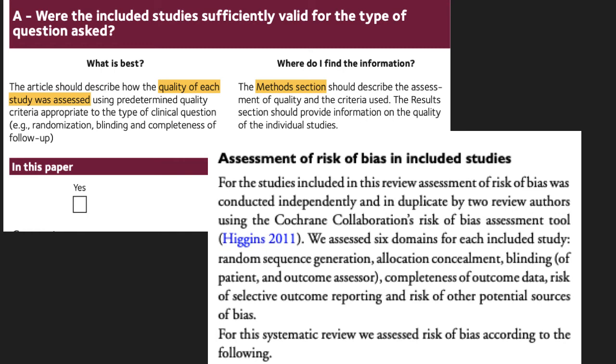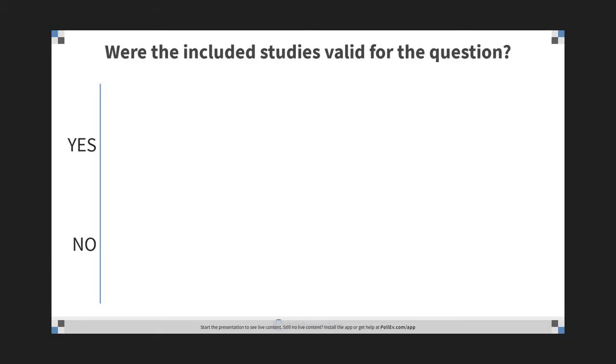For the validity of studies, they assessed the risk of bias in the included studies by the risk of bias tool in Cochrane, and this is a good tool for assessment of risk of bias in the included studies. And I think the answer is yes.